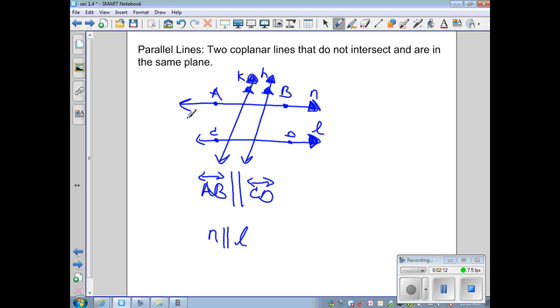Therefore, the lines that have single arrows would be parallel to single arrows, and the lines that have double arrows would be parallel to lines that have double arrows. I also could write this as K is parallel to H.